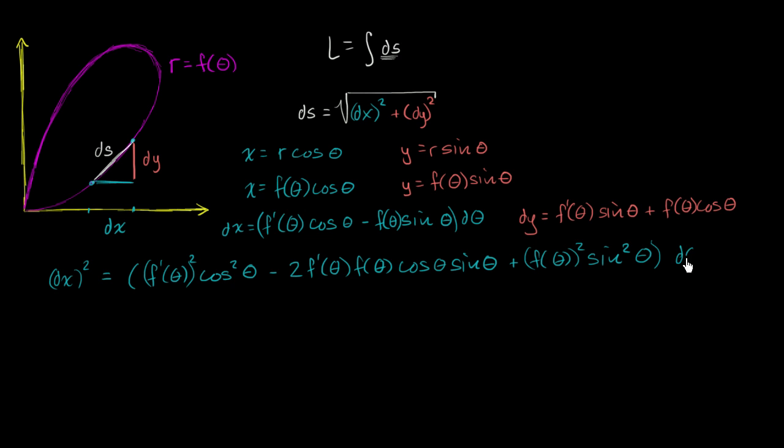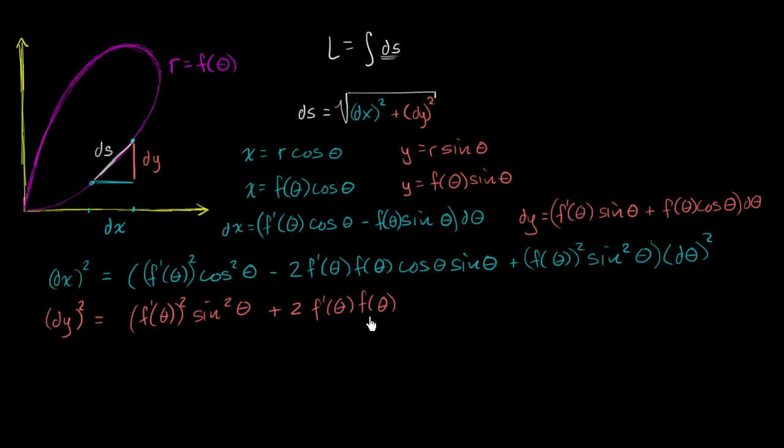And then, of course, we have the d theta. Well, I'm not done yet. Then we have the d theta squared. And now let's figure out what dy squared is. So dy squared is going to be equal to this term squared. I have to not forget, this dy is going to have a d theta at the end. Don't want to forget that. And so over here, this is going to be f prime of theta squared sine squared theta, and then 2 times the products of these, so plus 2 times f prime of theta f of theta.